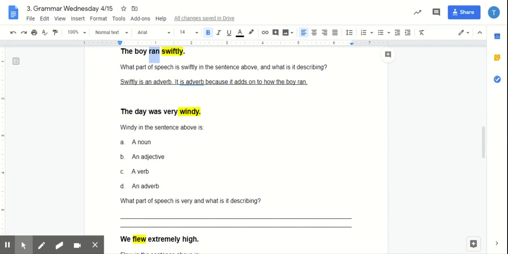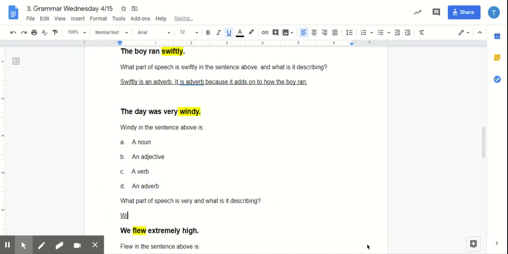The day was very windy. Windy in the sentence above is A, a noun, B, an adjective, C, a verb, or D, an adverb. What do you guys think? It is an adjective because it describes how the day is.